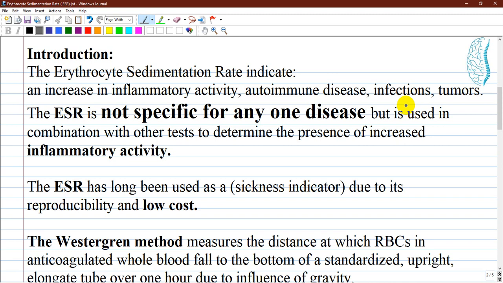The ESR has long been used as a sickness indicator due to its reproducibility and low cost. Over many decades, several methods have evolved to perform the test. However, the reference method for measuring the ESR proposed by ICSH, or International Committee for Standardization in Hematology, is based on the findings described by Westergren a century ago.